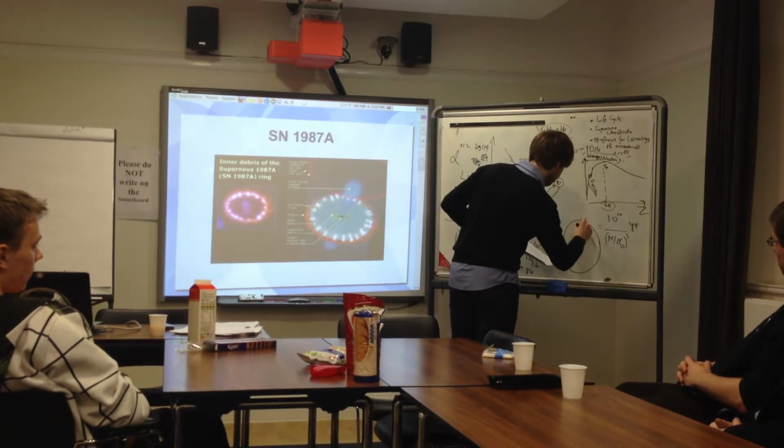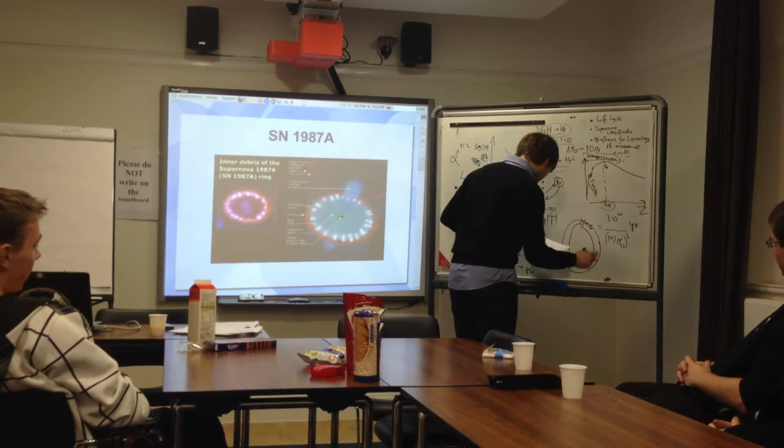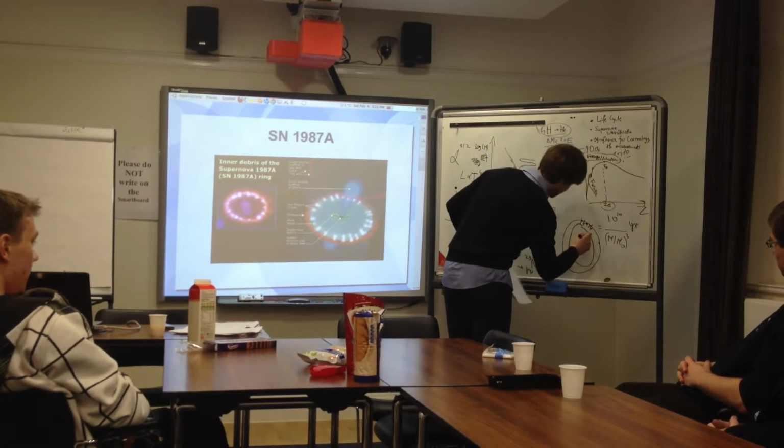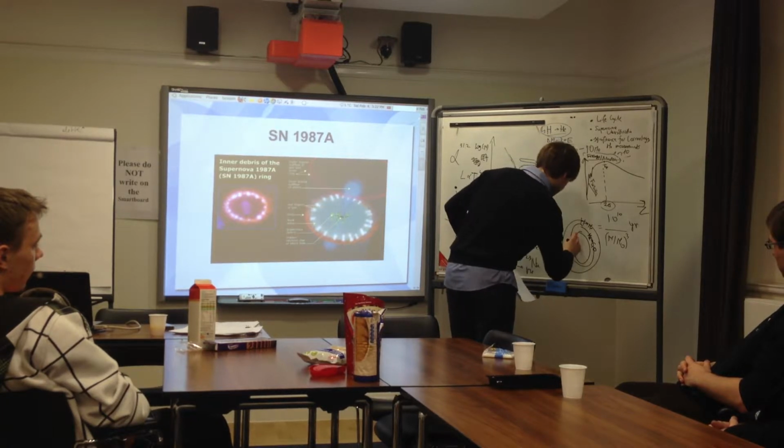I just copy hydrogen to helium, then, yeah, I know, it should be circles, because it's a sphere. Then helium goes to carbon and oxygen. Carbon and oxygen goes into silicon. Silicon goes into ferrum. And you've got a ferrum core.